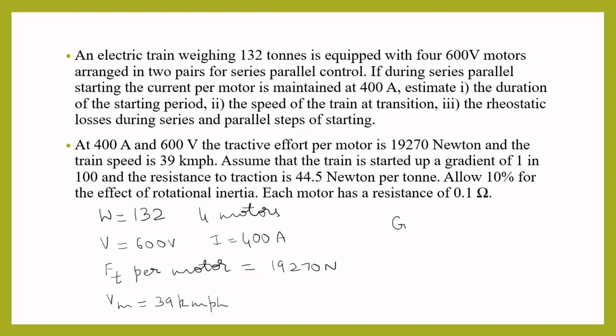The gradient is 1 in 100, so the percentage gradient is 1. The train resistance R is 44.5 Newton per ton. 10% is allowed for rotational inertia, so WE is equal to 1.1 times W, and the motor has a resistance of 0.1 ohm.